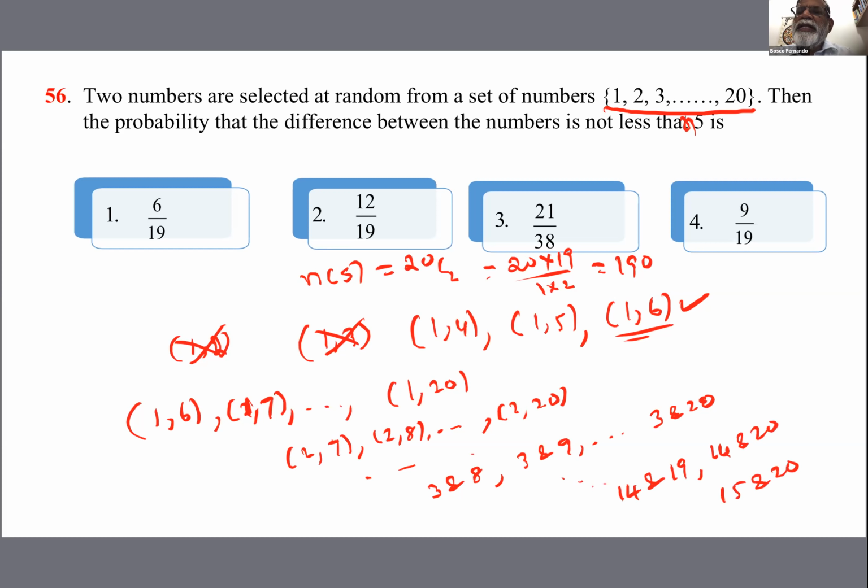So here how many are there? 15 are there. So counting all of them, the first has 6 to 20, 15 are there, 14 are there, 13 are there, 2, 1.